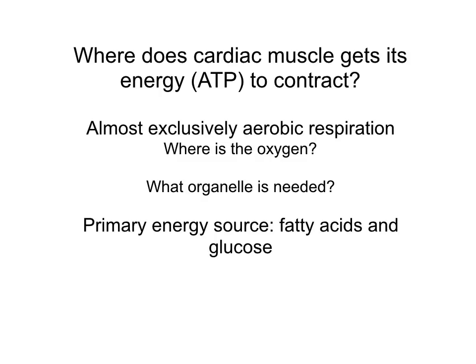So cardiac muscle cells are fatigue resistant. Now, if you think about aerobic respiration and what you learned in A&P1, aerobic respiration requires oxygen. So where does that come from? Well, oxygen is going to be delivered through blood flow.